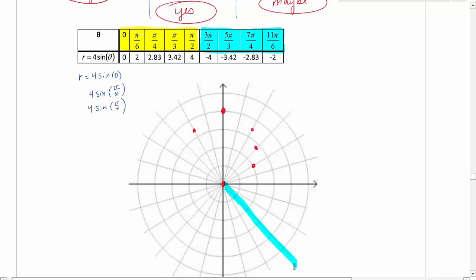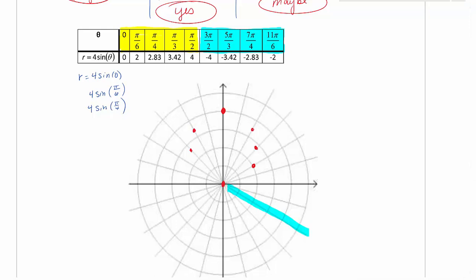A negative r value, so we're going to be going in the opposite direction, 2.83 rings. And then lastly, 11 pi over 6. A negative r value, we're going to be going in the opposite direction, 2 rings.